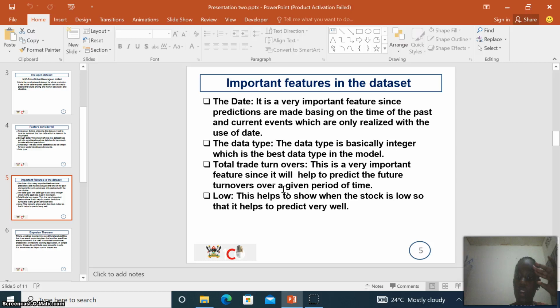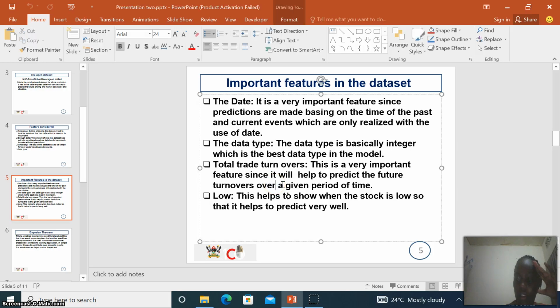Then the total turnovers, this is a very important feature, since it will help to predict the future turnovers given the current, over a given period of time. Then the low helps to show when the stock is low, so that it helps to predict very well.